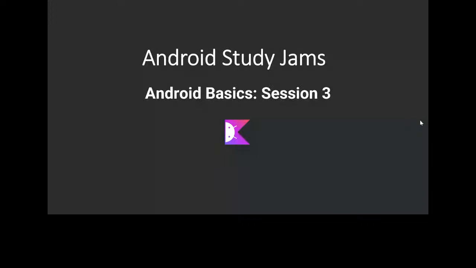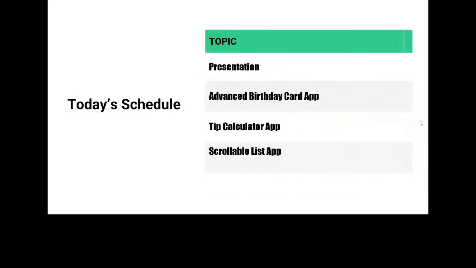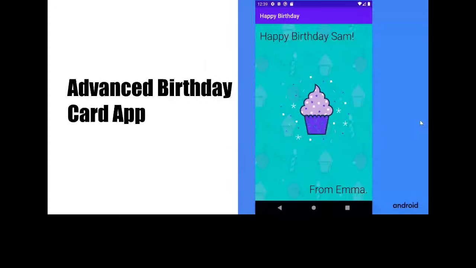Before developing some apps, let's see today's schedule. We will be developing some apps like an advanced birthday card, a tip calculator, and a scrollable list app. Now let's get started with this advanced birthday card app.